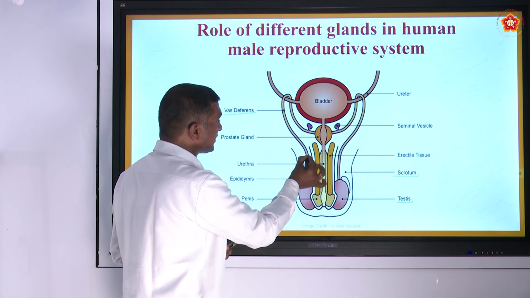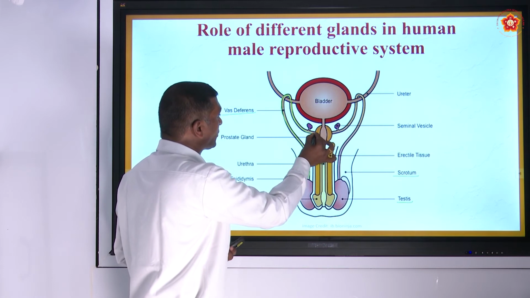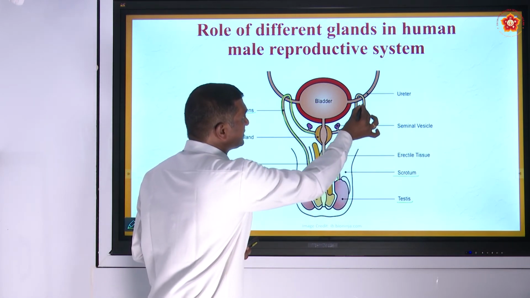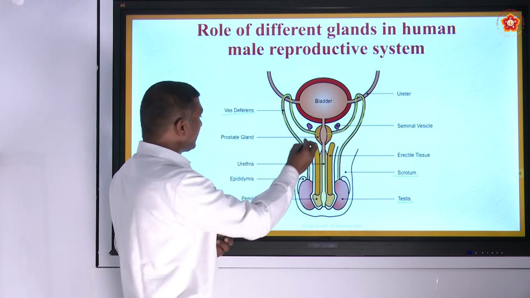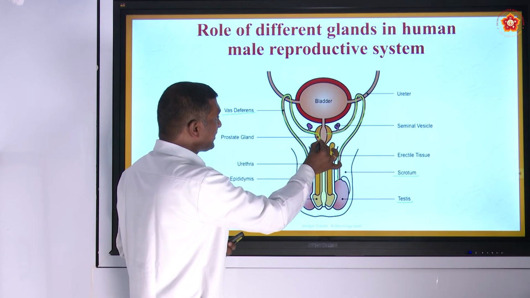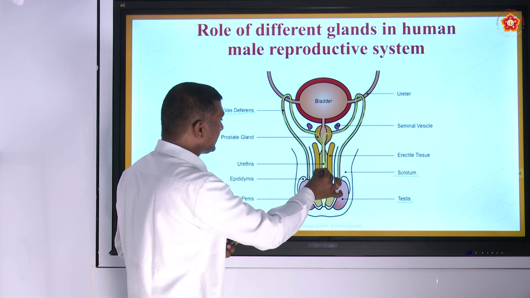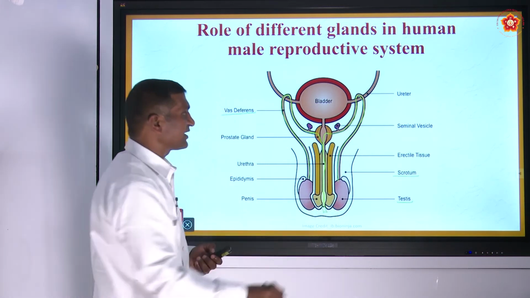So you can observe here, this is the vas deferens. Then it is carried through the prostate gland as well as the seminal vesicles. See here, you can observe here. And then they are nourished and liquefied, and then carried through the urethra and ejaculated through the penis.